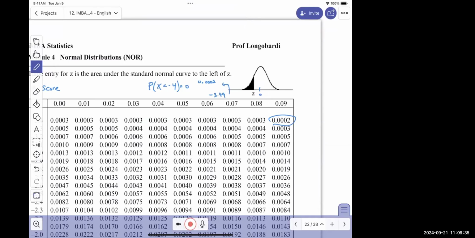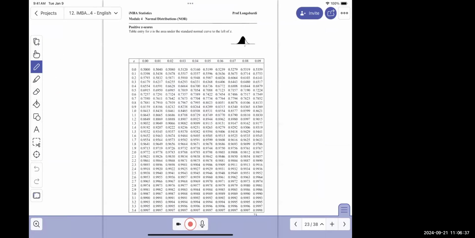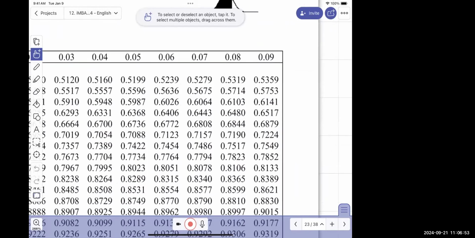And then we also have the positive table, which is here. Now that will continue from the 0 forward. And what is the largest value on this table? Very good. So that's going to be over here, 3.49.